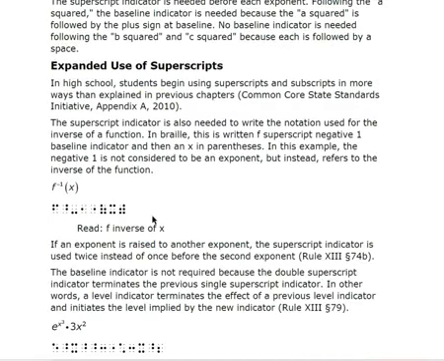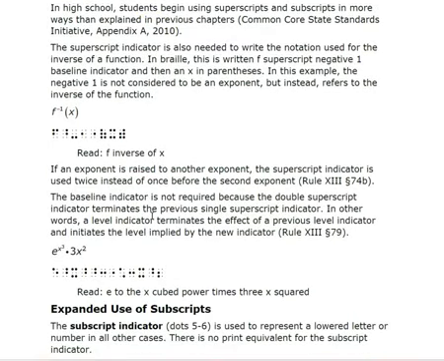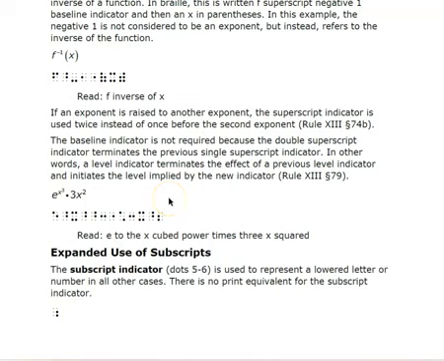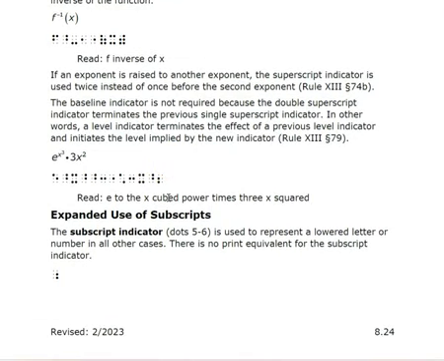Okay? Expanded views. So we've got f of x, we have f to the -1. So we have an f superscript -1, .5 to bring it back down, parentheses, x, close parentheses, which is read f, the inverse of x. Okay.